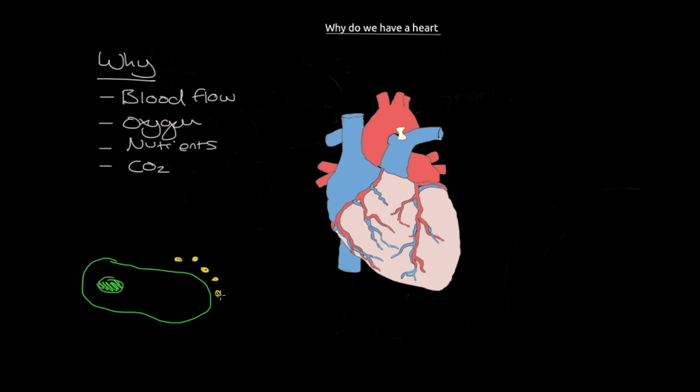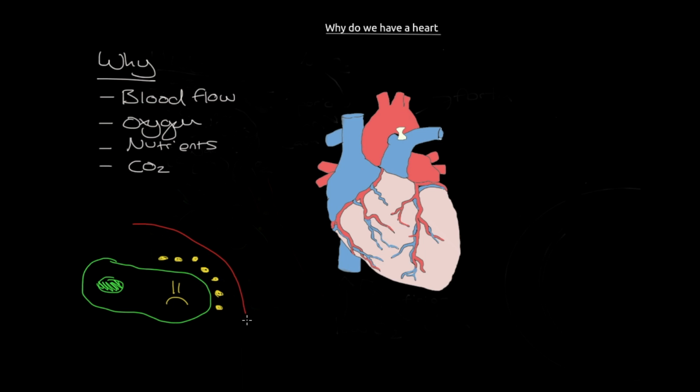If there's no blood flow in the body, then these byproducts will accumulate around the cell, and it means the cell will be unhappy because it's in an unfavorable environment. This also means that it's not getting oxygen. It's getting bombarded by all the CO2, and that means it's not happy.